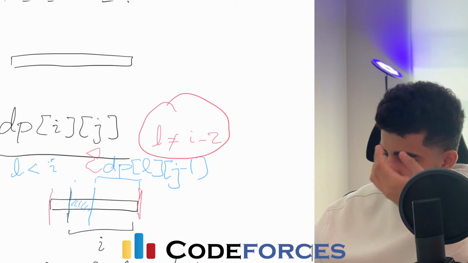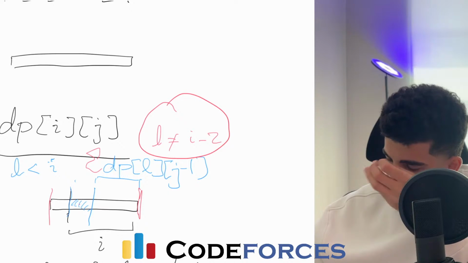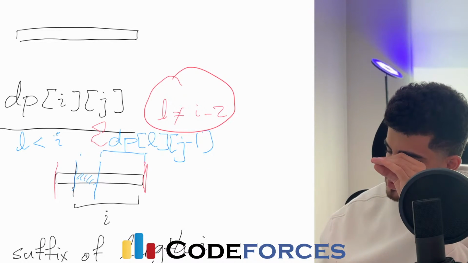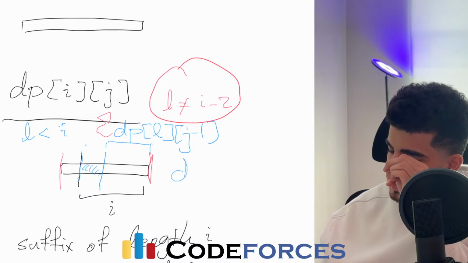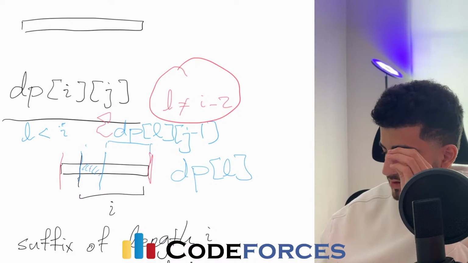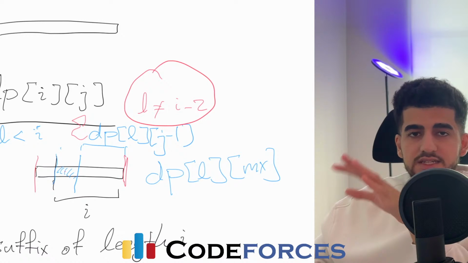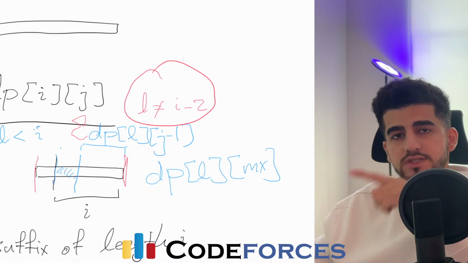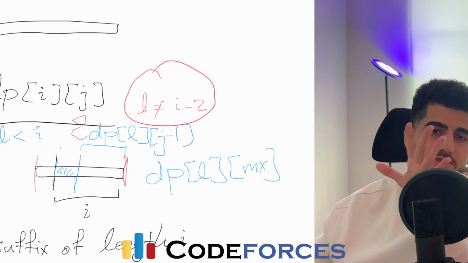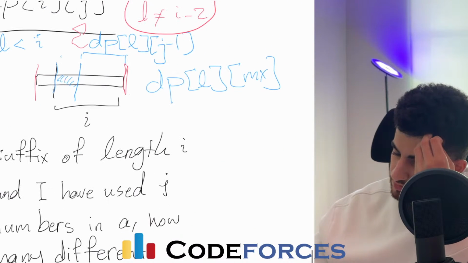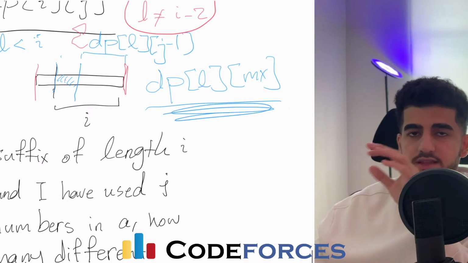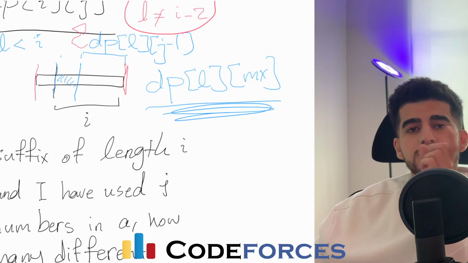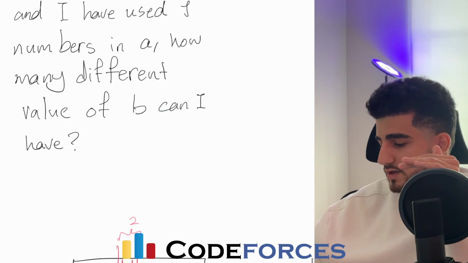K is up to 10. So for your maximum, you can just also update it from dp of all of the L's and j as well. Maximum will be updated from dp of L and mx as well, itself as well, because mx is the only thing that goes to itself. That's the limit. It doesn't increase anymore. So anyway, you have some limits so that your second dimension does not become greater than that. It goes to itself from some point.